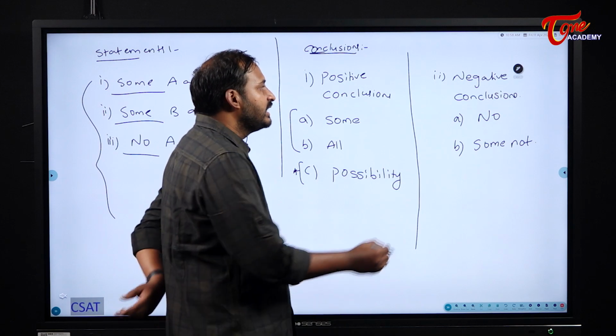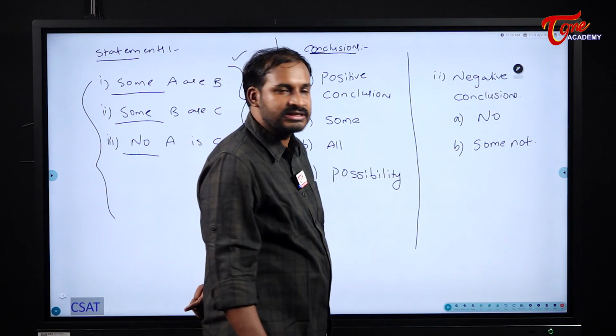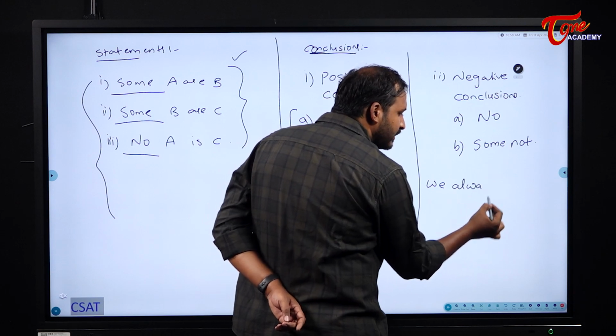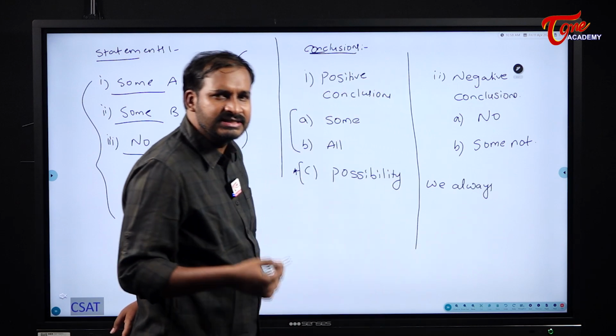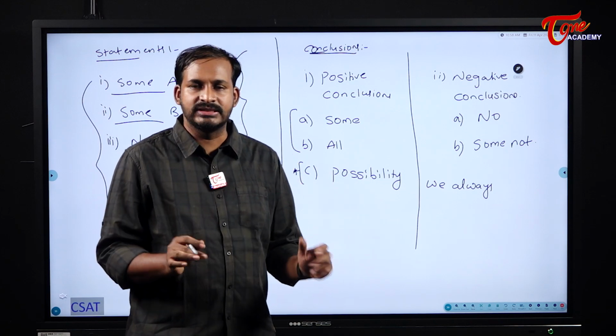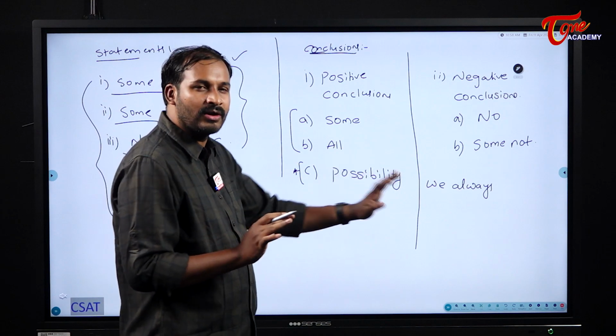See here, students, in case of negative conclusions, we always remember this one. What is the reason behind that? That is a big story. We don't require all these things. Just we need the concept and we need to get the answer. That's it. That is the reason I am not going beyond that.